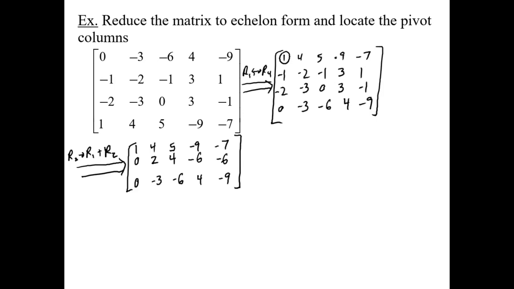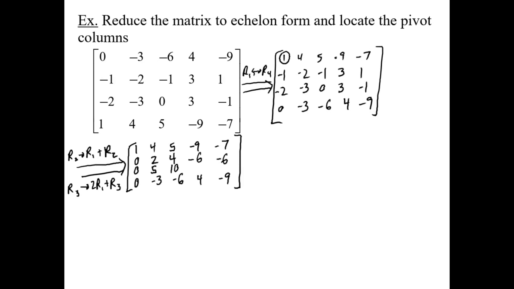For the second row, or I'm sorry, the third row, notice if I take the top row times 2 and add the third row, that'll give me what I want. So the top row times 2 plus the third row is 0. Top row times 2 plus the third row is 5. Top row times 2 would be 10, plus the third row is still 10.